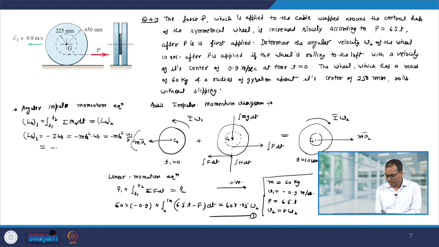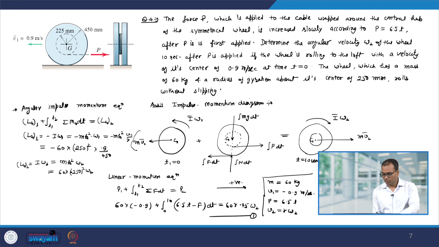So, this comes out to be minus 60, 60 is the mass, k is 0.250, so 0.250 square into 0.9 divided by 0.450. And Lg2 will be I omega 2, that is equal to again m k square into omega 2, and again we have the values. So, m is 60, k is 0.250.